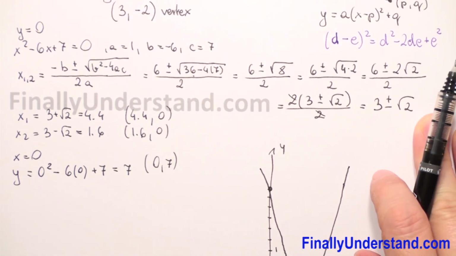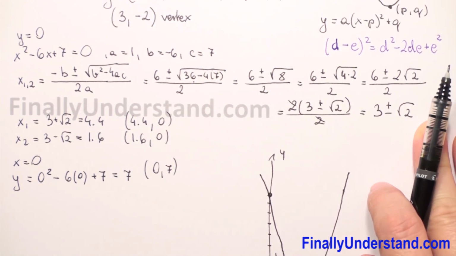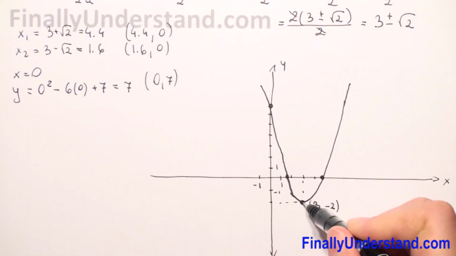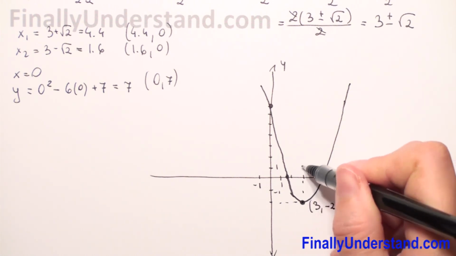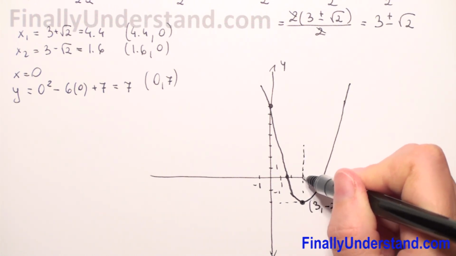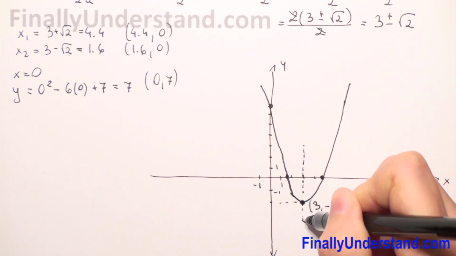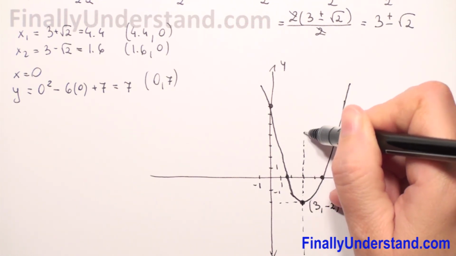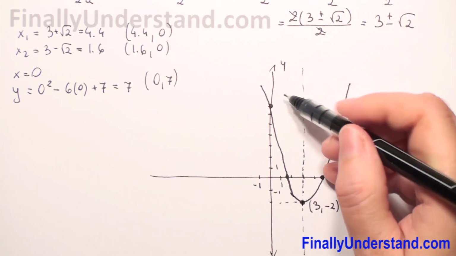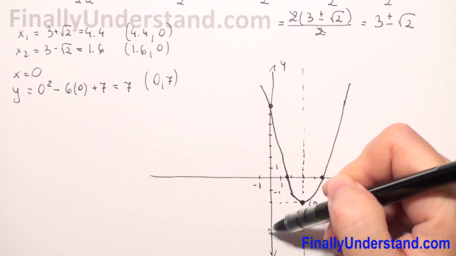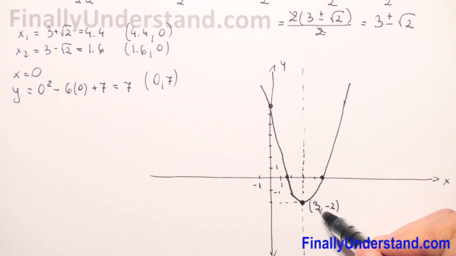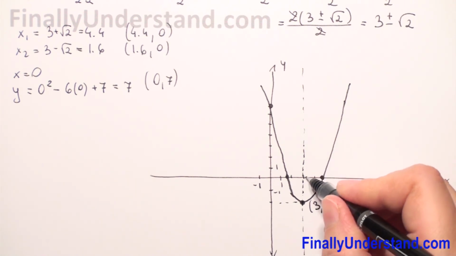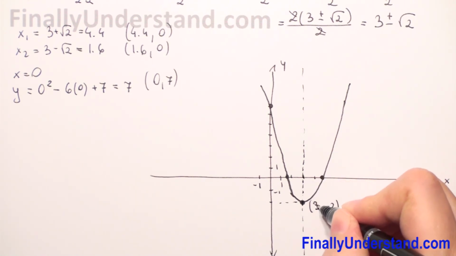What else? We have to state the equation of the axis of symmetry. The vertex of our parabola should be symmetric about the line which passes our vertex and is parallel to the y-axis, and this line passes this point. So the x coordinate is 3.